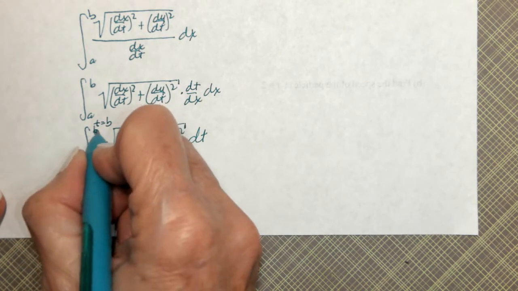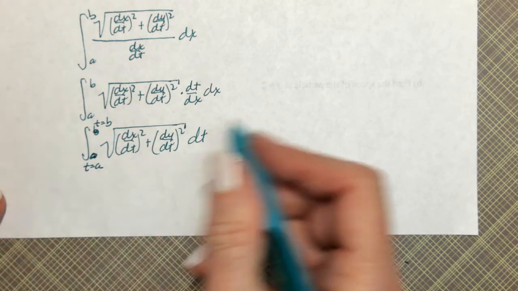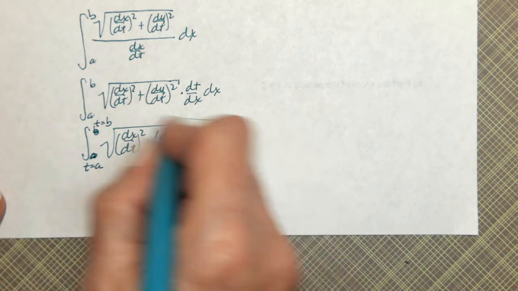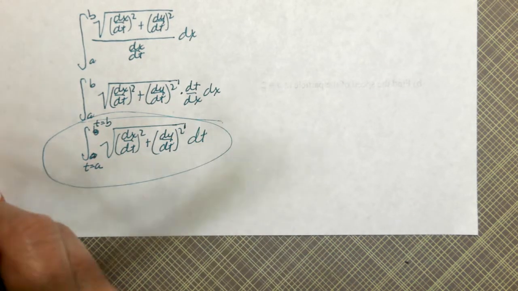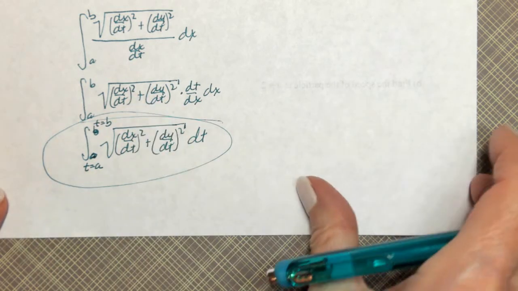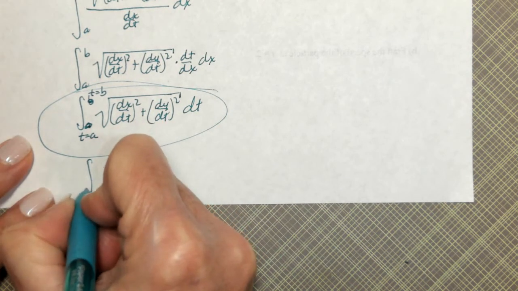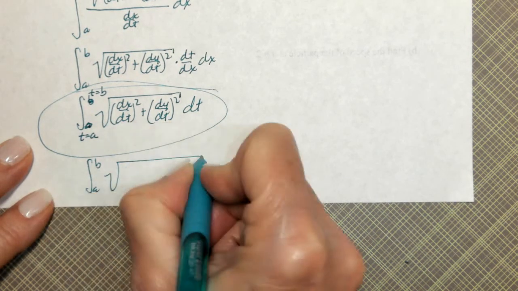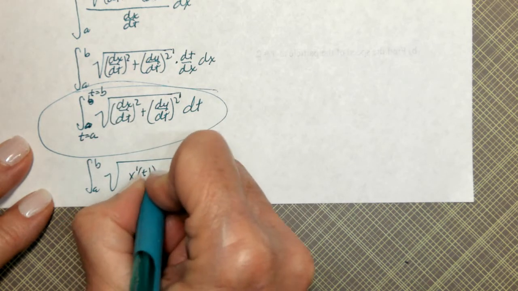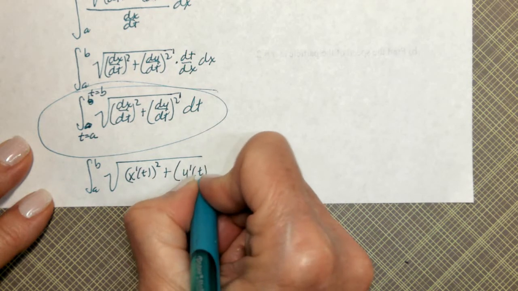So now these a and b's are t values. It wouldn't be the same as the x's, but these would be the t values. So this is our formula for the total distance traveled. I'm going to write this in a different way, as the square root of, where dx/dt is the same as x prime of t and dy/dt is the same as y prime of t.